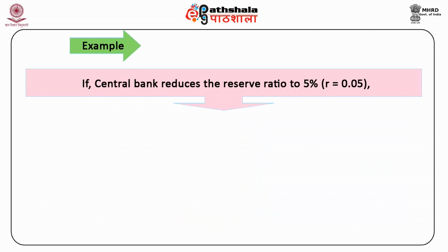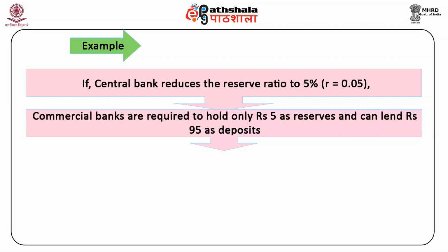If central bank reduces the reserve ratio to 5%, small r is equal to 0.05, then the commercial banks are required to hold only rupees 5 as reserves and can lend rupees 95 as deposits.